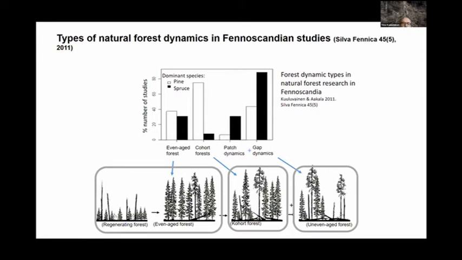And if we look at even age forest or stand replacing dynamics, we can see that they are equally common in pine and spruce dominated forest. But the main message is here that from these studies, it appears that this small scale cohort, patch and gap dynamics are dominating over the even age dynamics of forest. This is the take-home message.